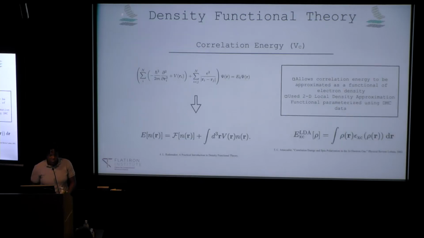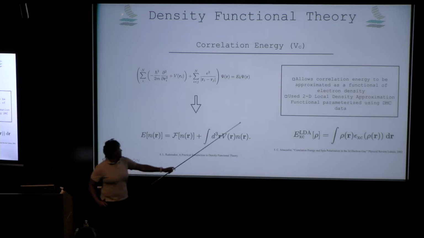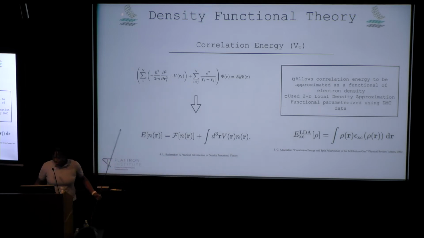So this is why we use density functional theory. It lets us approximate the correlation energy as a function of electron density, which is something that we can calculate. And the specific approximation that we're using is shown, which is the local density approximation.